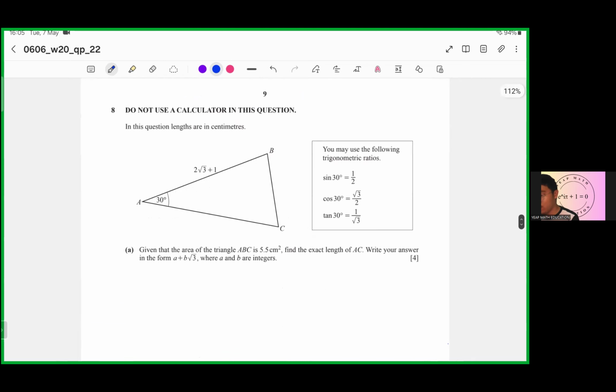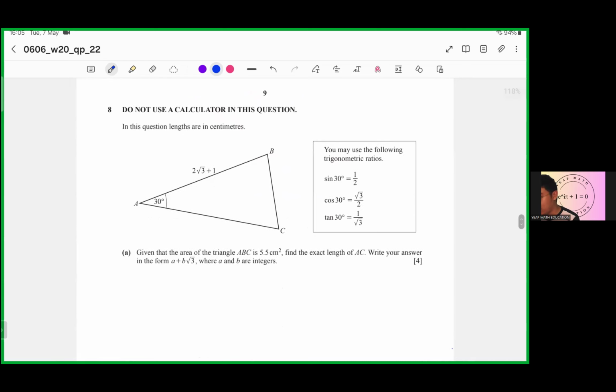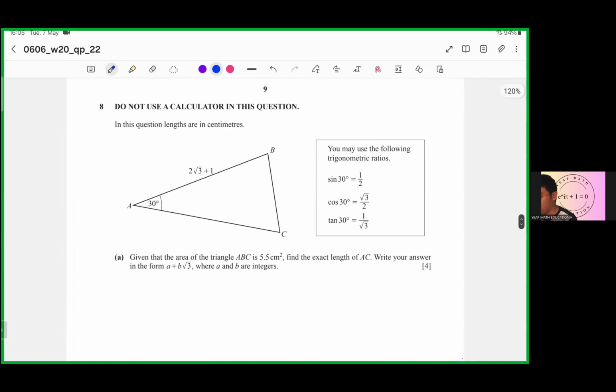Question 8. Do not use the calculator in this question. In this question, lengths are in centimeters. Given that the area of triangle ABC is 5.5 cm squared, find the exact length of AC. Write your answer in the form a plus b root 3, where a and b are integers.